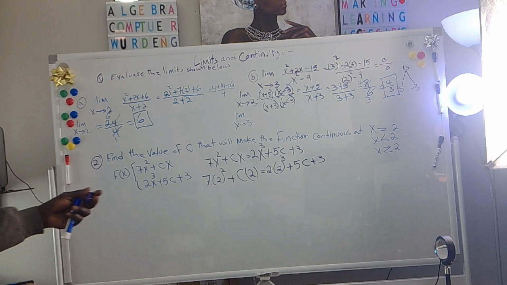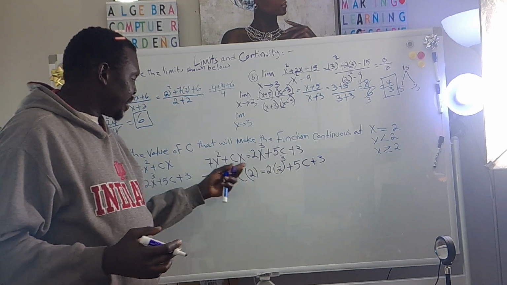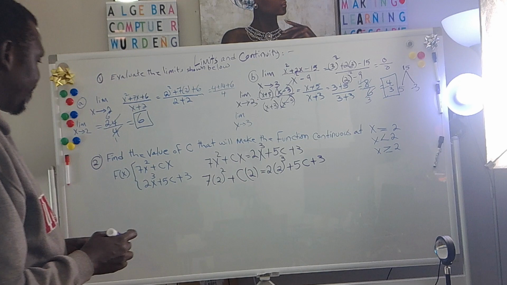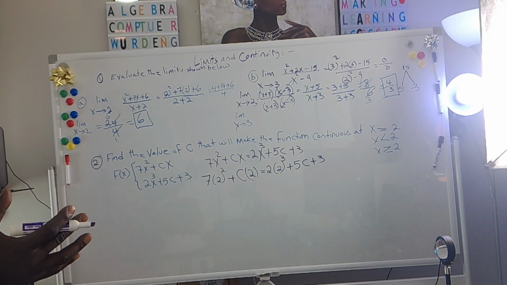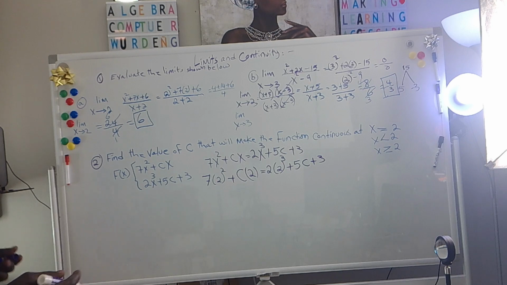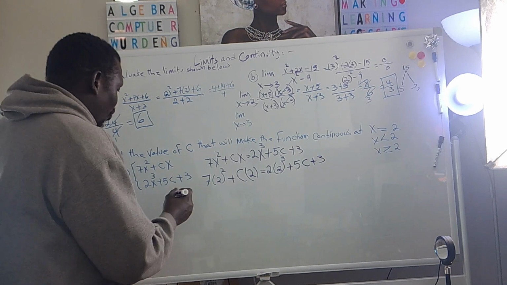Because x here is covered by the 2, now it's 2. Then I will see the variable here is just the C. Now let me go.